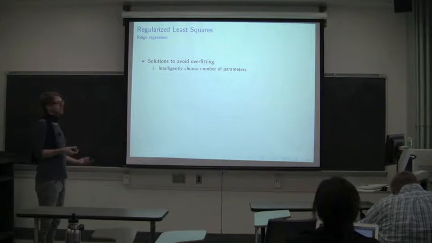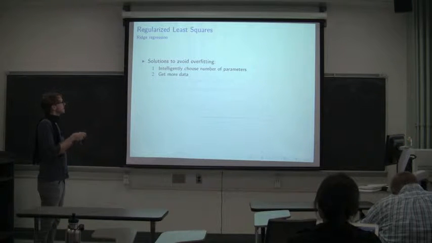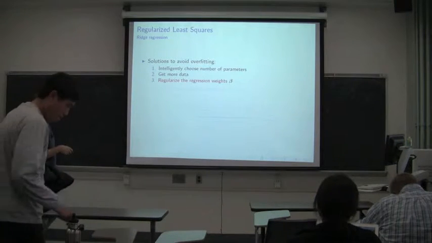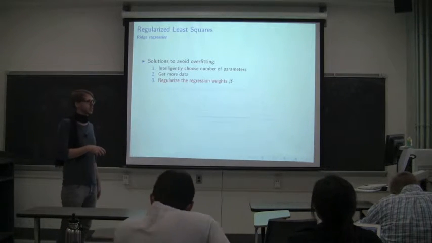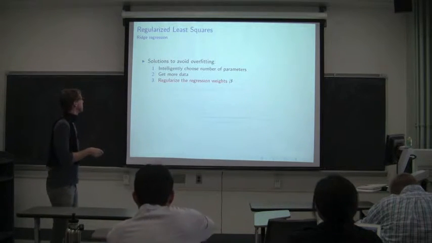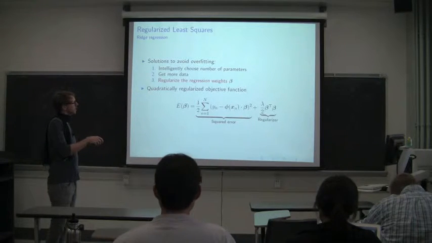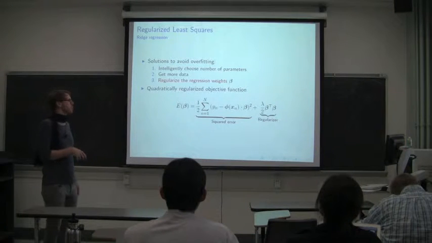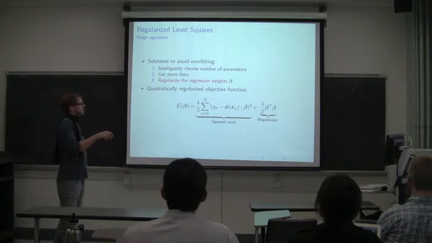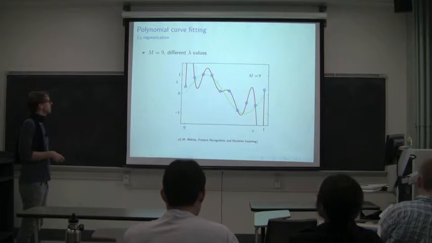So the number of parameters and the size of the data set influence overfitting and underfitting, but if all these are fixed, we can also use regularization. We can basically say that we want to minimize the squared error plus some sort of norm of the regression weights, where the norm typically is a squared norm.